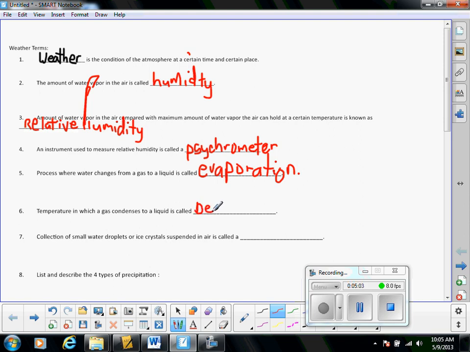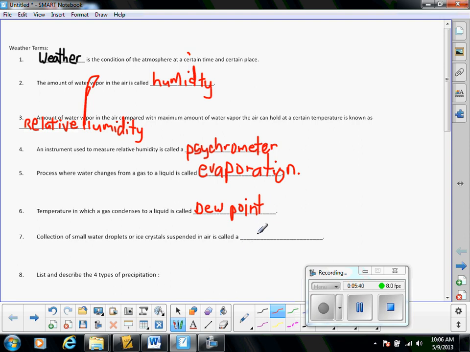So for instance, when you wake up in the morning and the temperature has gone down at night, especially near the surface of the earth, the water vapor in the air during the night condenses onto the grass or the leaves of the trees, and that is dew. It happens at the dew point.